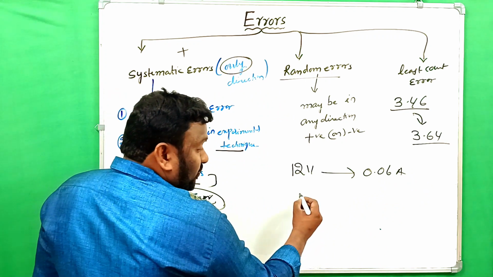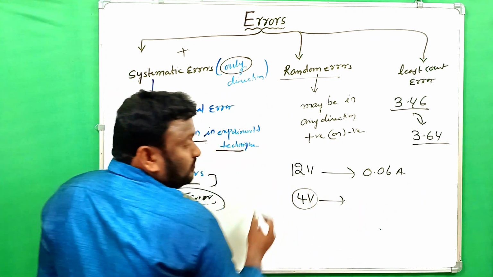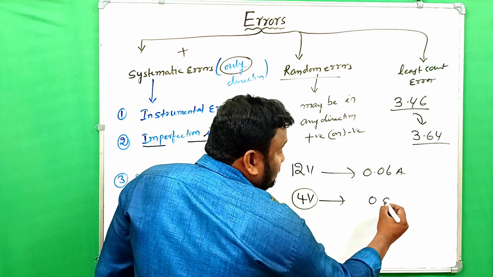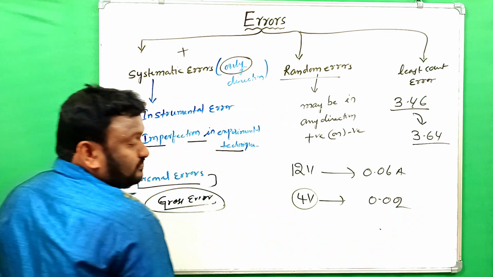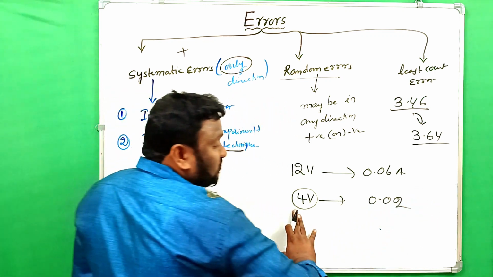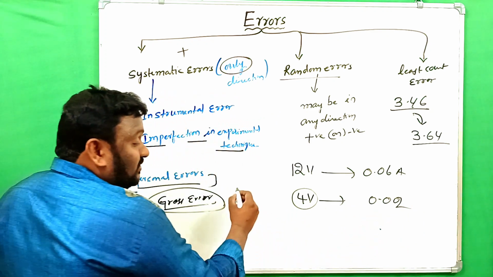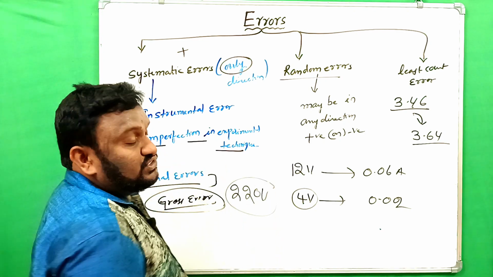So here simply we want to find out the current at 4 volts. Clear? Actually for 4 volts we will get 0.02. Just imagine for 4 volts how much we get? 0.02 we will get.